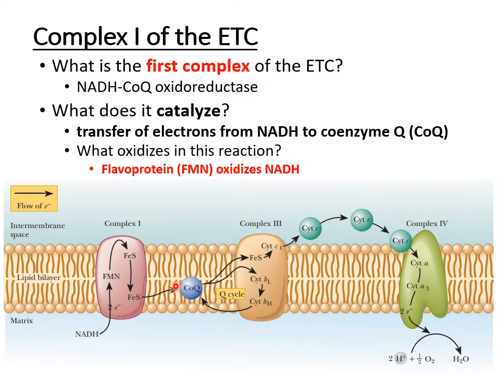What's responsible for oxidizing in this reaction? What's oxidizing NADH? Well, you see NADH, Leo says Ger, right? So NADH is losing electrons here. They are going towards FMN. So FMN is oxidizing NADH, okay?